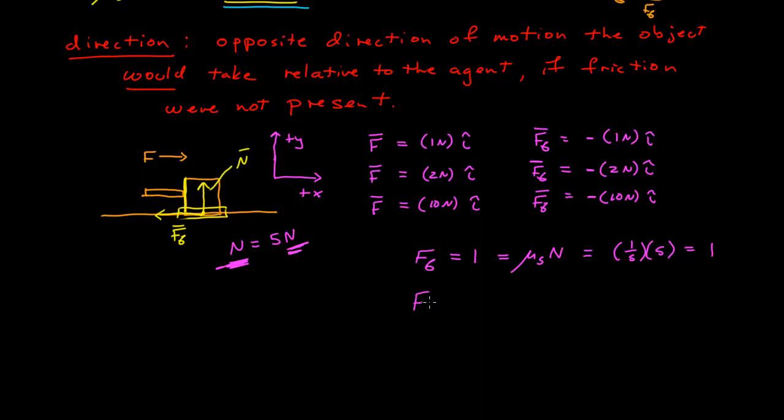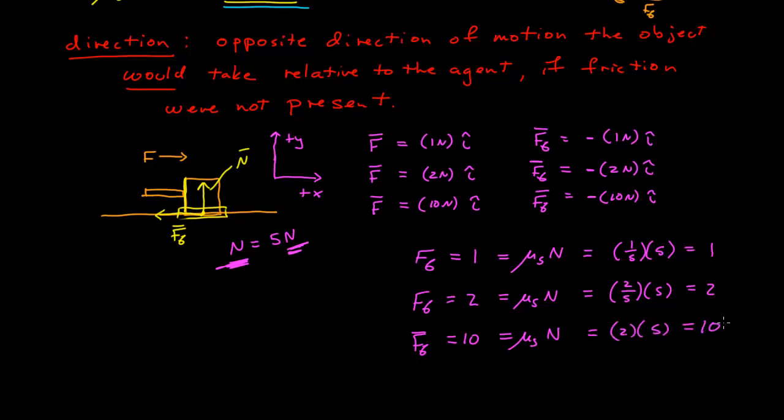But when my frictional force then attained a magnitude of 2 newtons, it's still equal to the coefficient of static friction times the normal, so my coefficient of static friction increased to 2/5. If my frictional force increased to 10 newtons, then my coefficient of static friction went all the way up to 2 to respond to this force.